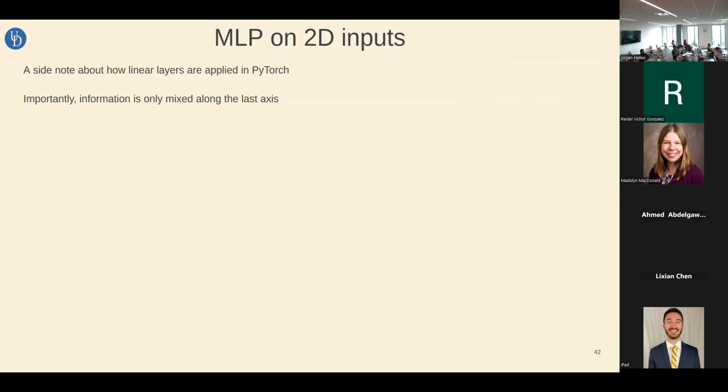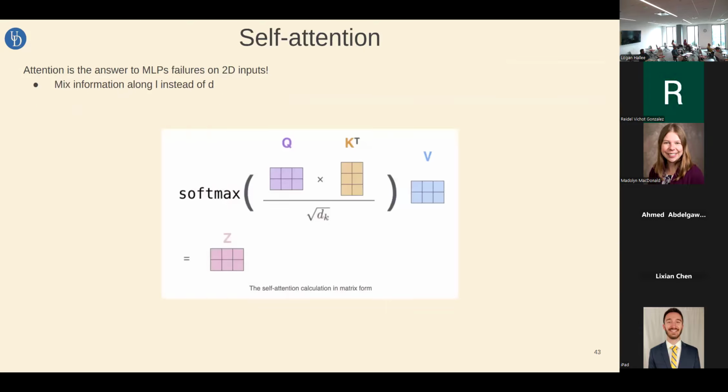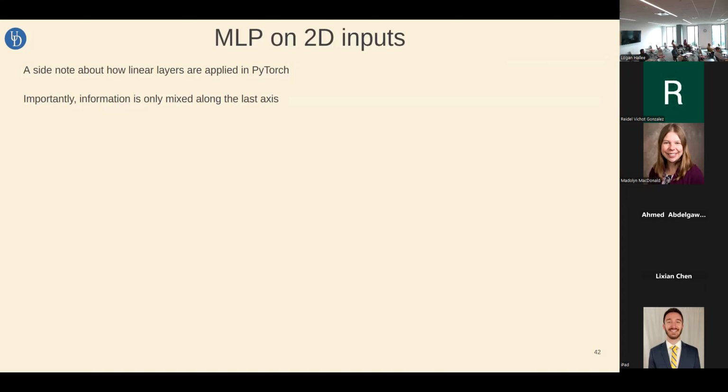Okay. I guess I already talked about that. Sweet. Well, let's touch on it again. Just to stress that if you have a 2D input, you have to flatten it, which for a very large 2D input is an absurdly large vector. And that means the weights for your multi-layer perceptron have to be equally as large, right?